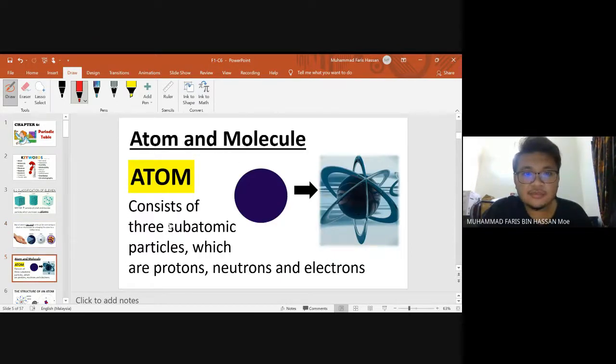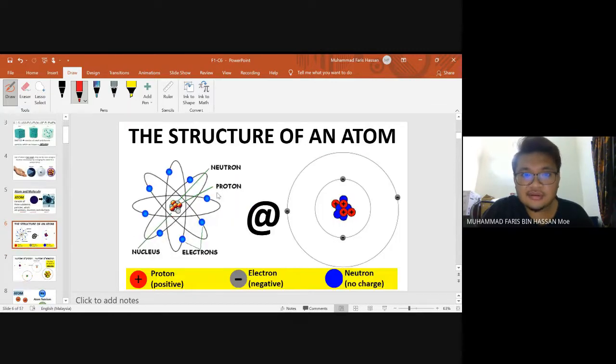In an atom, we already learned that it consists of 3 subatomic particles, which are protons, neutrons, and electrons. And this is the structure of an atom. We have neutron, proton, and electrons, where both the neutron and proton are located in the nucleus, which is in the center of the atom.